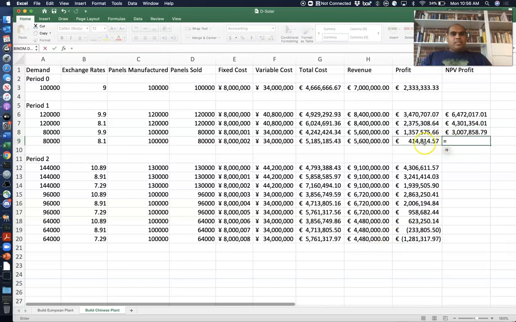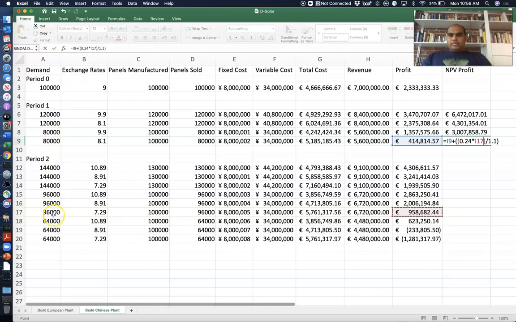Finally, this is the worst case scenario where the exchange rate strengthens but the demand goes down, and you still have to manufacture 100,000 panels. So it'll be 24% times this, right?